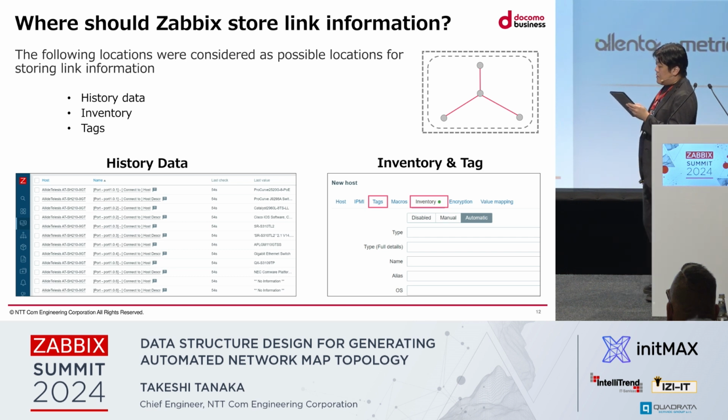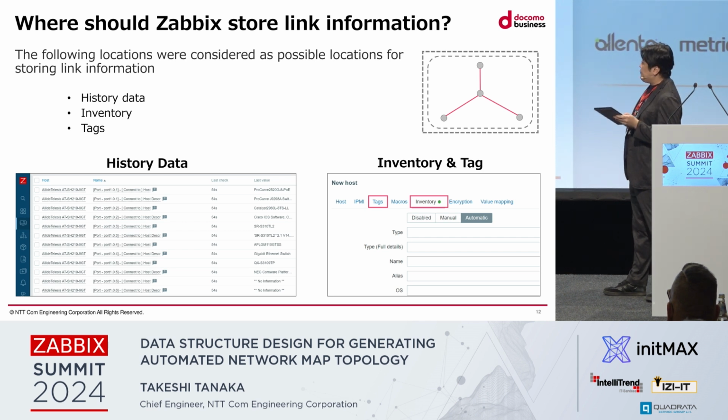Zabbix is limited in where we can store link information. We considered 3 possible locations to store the link information: history data, host inventory, and host tag.